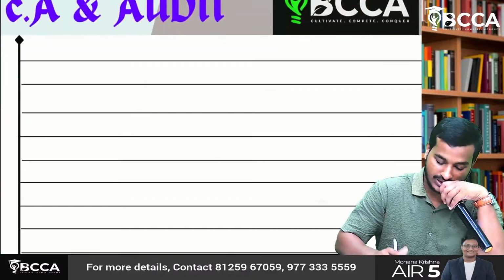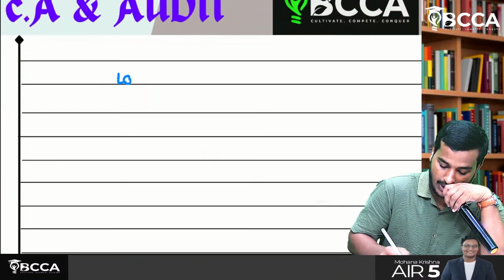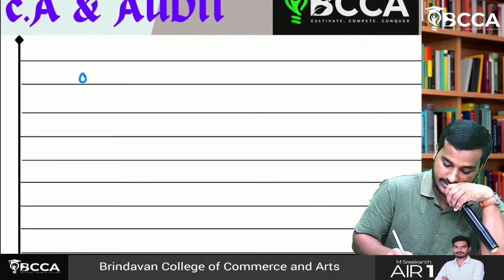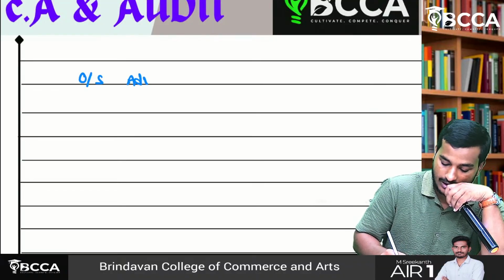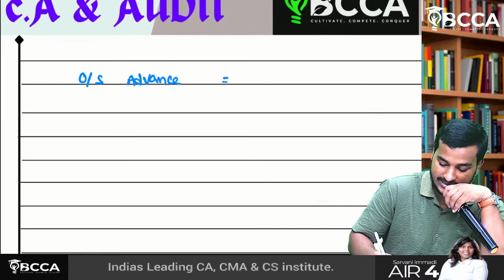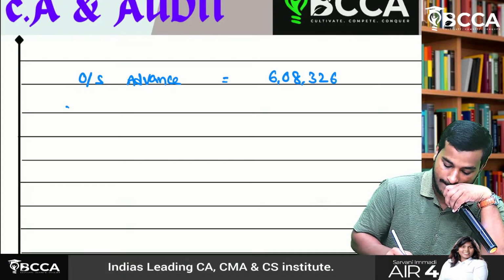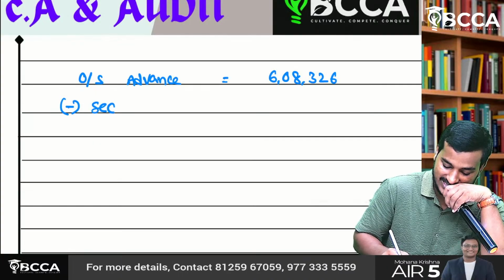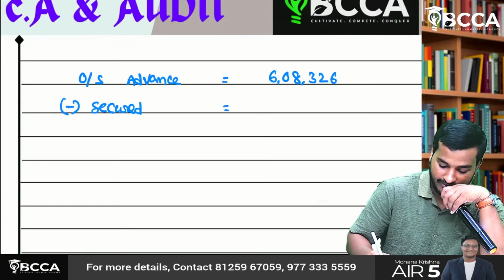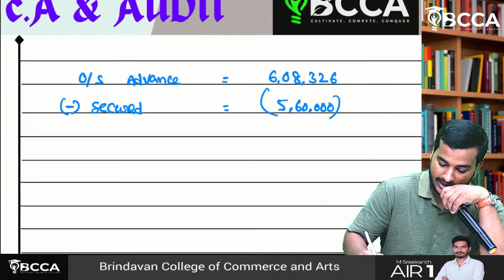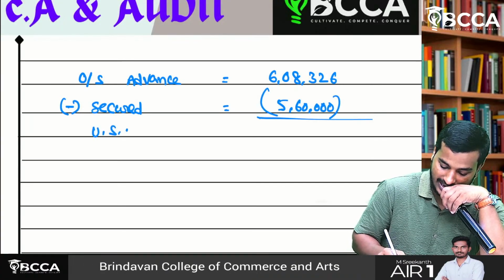So total outstanding advance: 6,08,326 minus how much secured? 5,60,000. The balance would be unsecured advance.